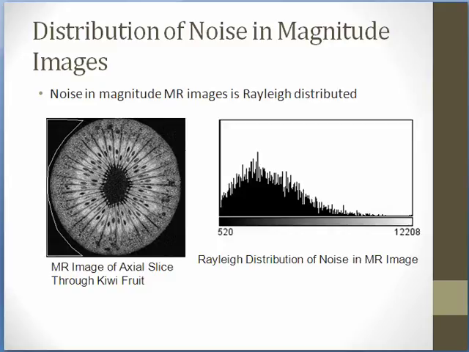So before we get into the signal to noise ratio, which is a very common metric for qualifying images, it's important to know how the noise is distributed in the image, because a naive approach to calculating the signal to noise ratio is to take the average signal and then divide it by the average noise. The reason you cannot do that is because in a magnitude image, the noise is distributed according to the Rayleigh distribution.